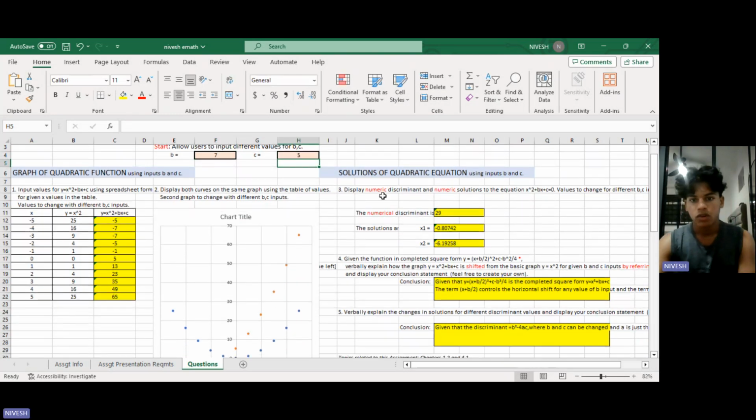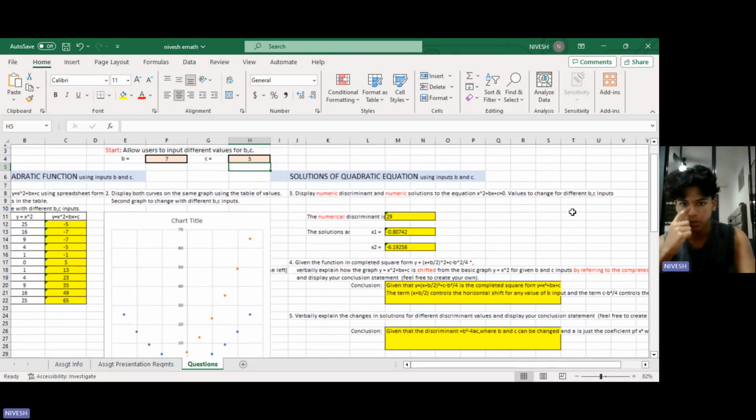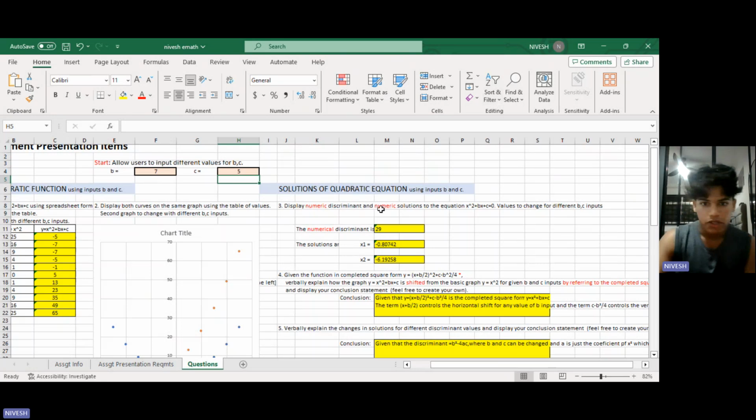For question 3, display the numeric discriminant and numeric solutions to the equation x squared plus bx plus c equals 0, with values changing for different b and c inputs. The numeric discriminant is 29.